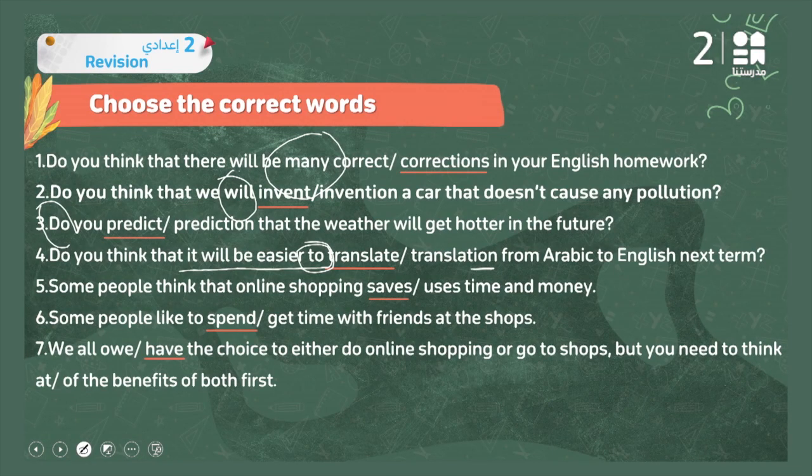To do either online shopping or go to shops. But you need to think at or of the benefits of both first. Benefits يعني الفوائد. So when I have think, I shall choose think of. It's think of or think about. Okay? So here I have at or of. That's why I would choose of.